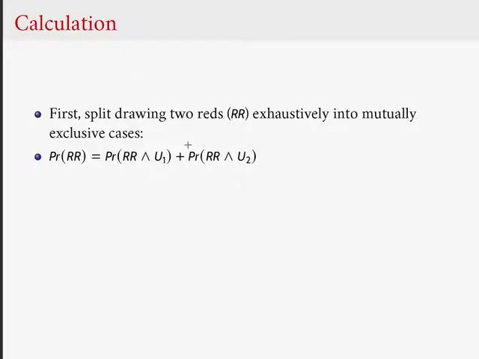Because we know from the setup that we're going to flip a coin and it's going to land on either heads or tails, that means we're going to be drawing from either urn 1 or urn 2. One of these two things has to be true. We have to be drawing from either urn 1 or urn 2, depending on how the coin lands. So that means that drawing 2 reds, which I'll write here, is logically equivalent to the following disjunction.